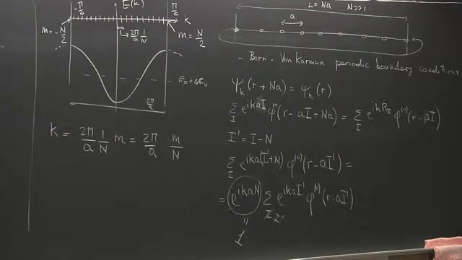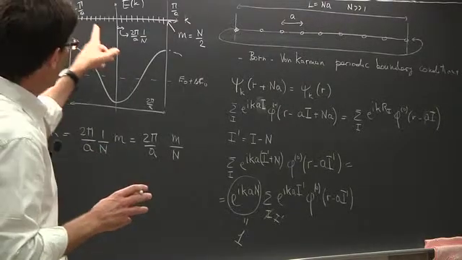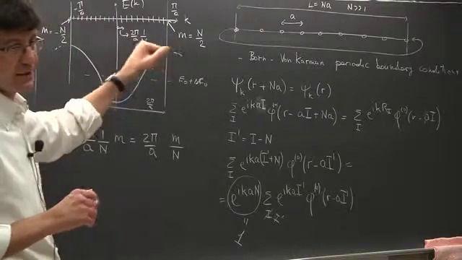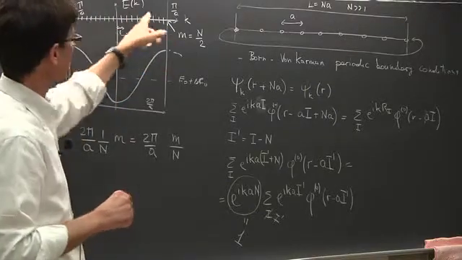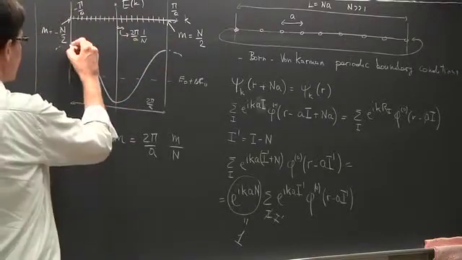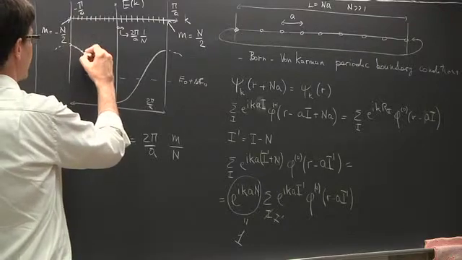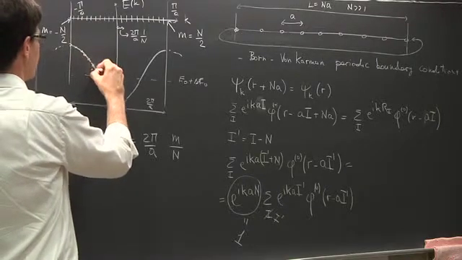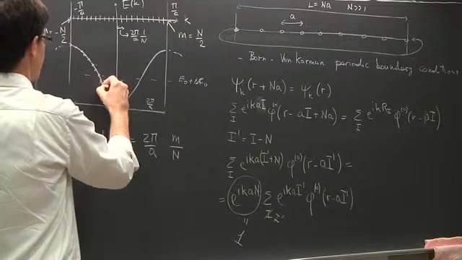Okay? But now I can count the states, because I have only a finite number of states that I need to handle, because only these values of k are allowed, which means only selected values of the energies will be allowed, the ones that correspond to those particular values of k.